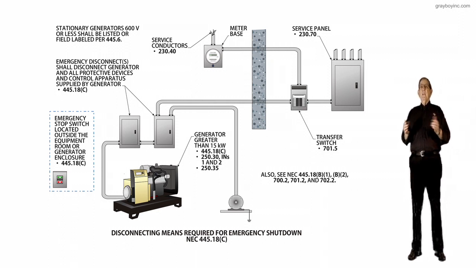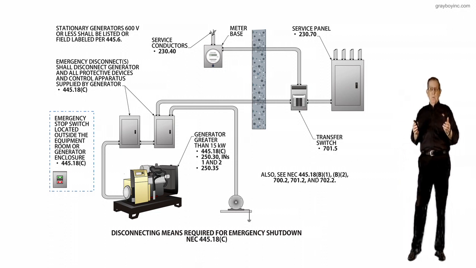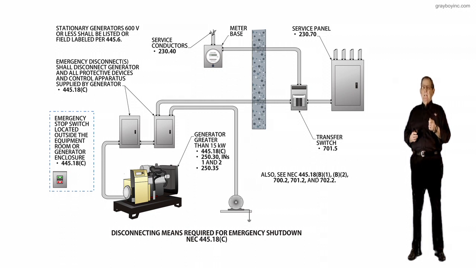Now, with the information just explained, I would like to point out a couple of reminders. For a dwelling unit emergency shutdown device, see 445.18(D).